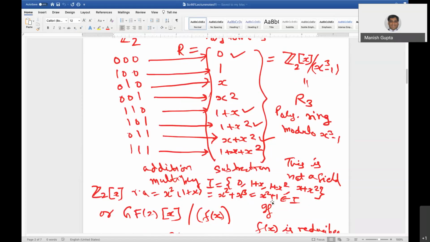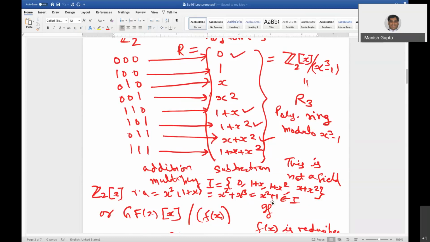A couple of other examples which I can mention to you. For example, if you take the ring as Fq[x] modulo x raised to power n minus 1, and if g(x) is a polynomial which is a factor of x raised to power n minus 1, then all polynomials divisible by g(x) form an ideal.